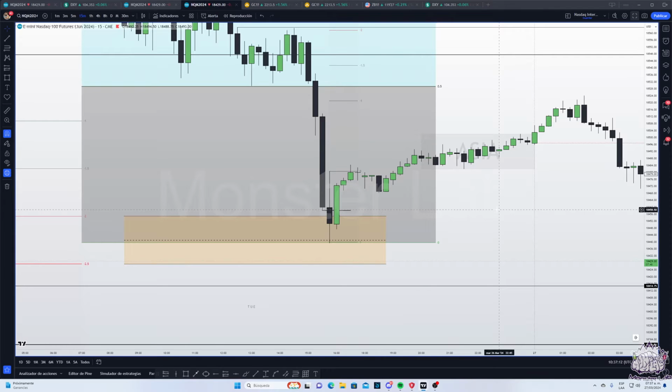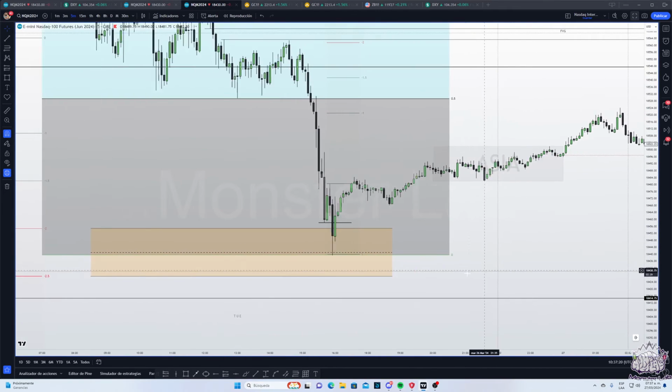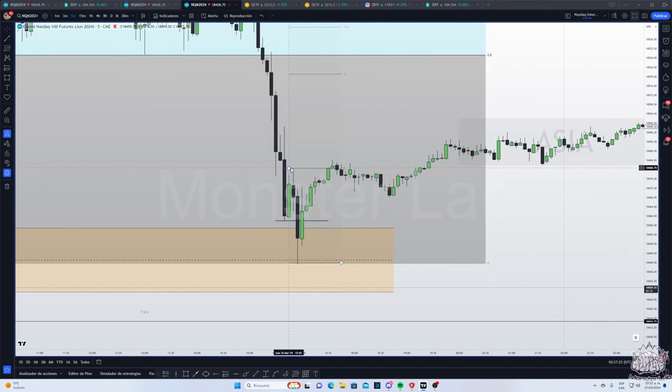So in 5 minutes, you can find one discernible range inside this order block. Look. This high and this low.